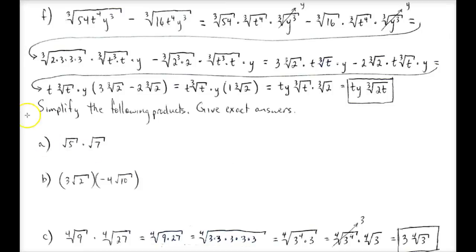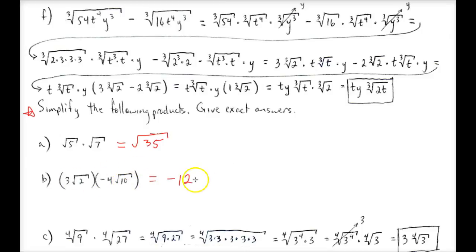So now with the next set of examples here, what we want to do is simplify the following products. Okay, so here we see that square root of 5 times square root of 7, we can multiply these together, but this is about all that we can do. For example B here, we're going to multiply everything that is on the outside together, so that will be negative 12.